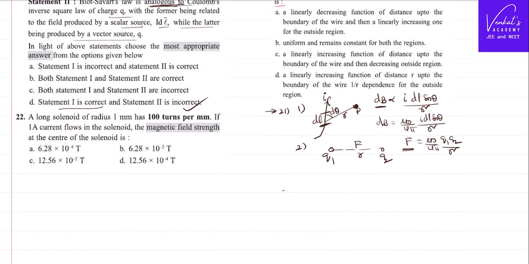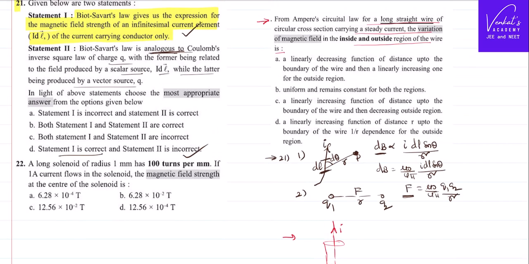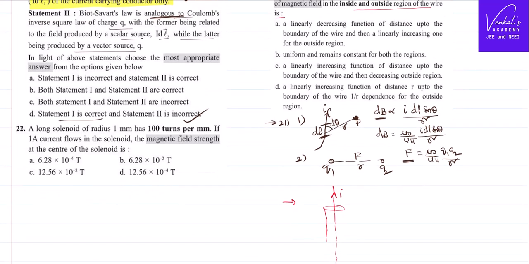We are considering a long straight wire carrying a current I. Let's imagine a small region, which becomes automatically some kind of a cylindrical surface.